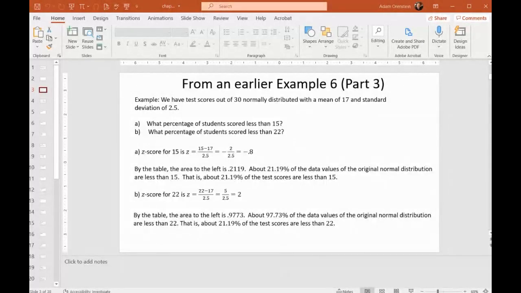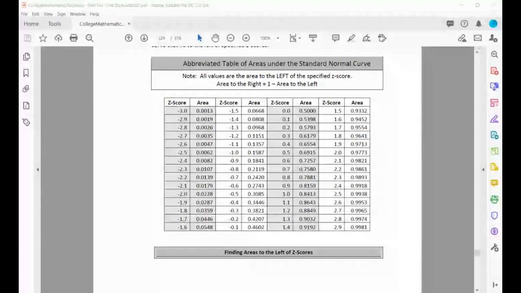And if you went back to the table, so I guess I got to switch it up again. For 2, it's in the z-score column, the first one from the right, down 6 rows from the top.